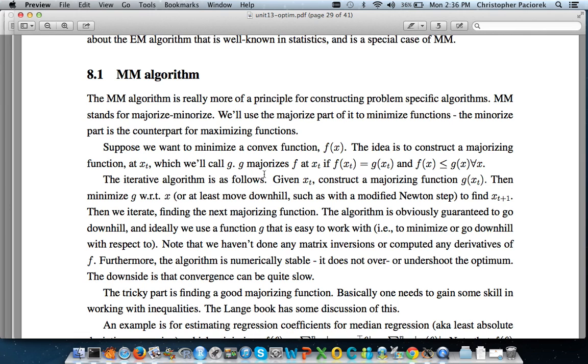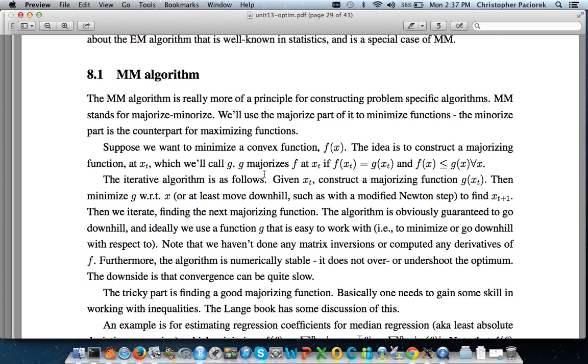If I'm at theta sub t here, I guess maybe I should call it x sub t, I would construct this function here, and the idea is it touches the function I'm interested in at that point, and otherwise it's always above the function.